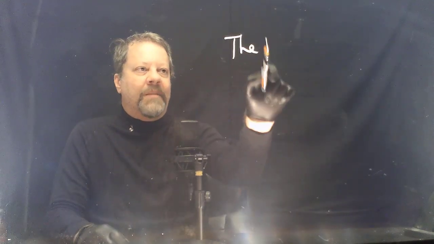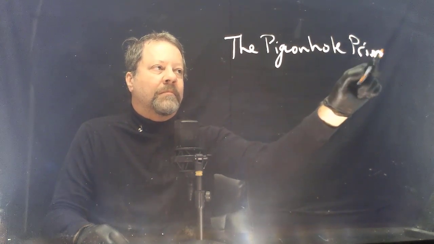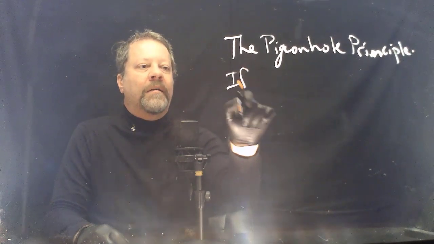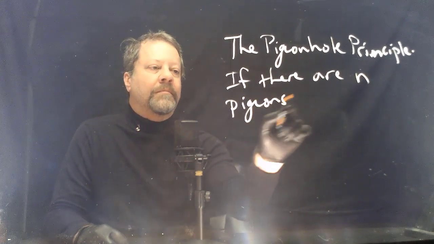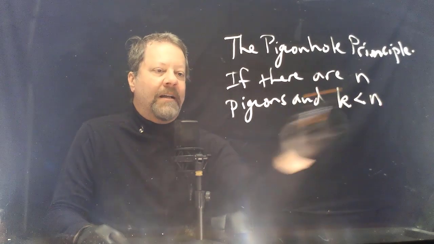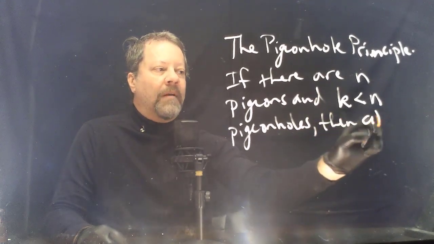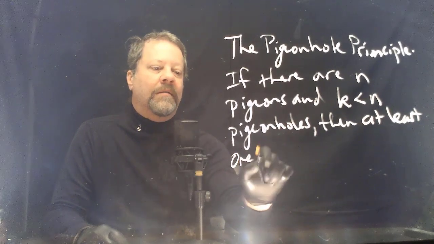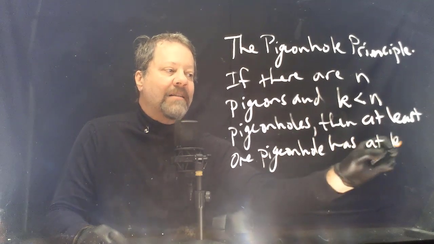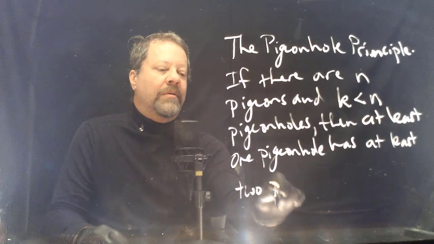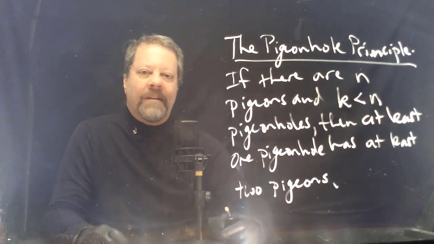So the way that we are stating the pigeonhole principle is: if there are n pigeons and k less than n pigeonholes, at least one pigeonhole has at least two pigeons. This statement is slightly more general than the way we stated it with this specific example.